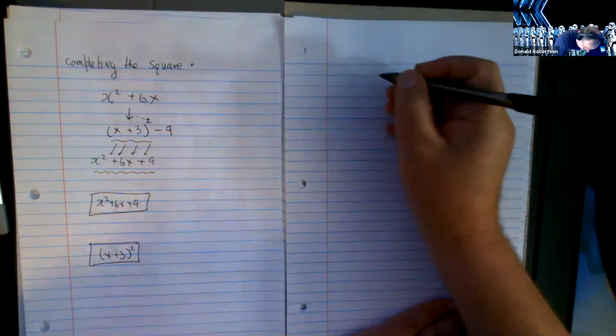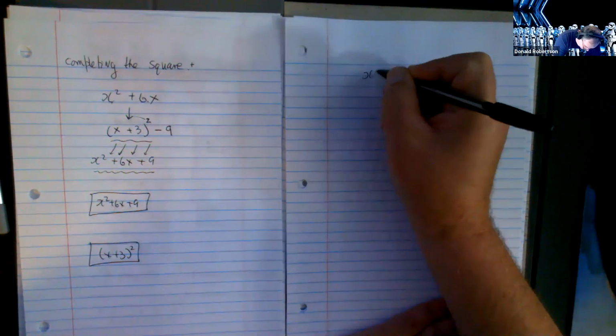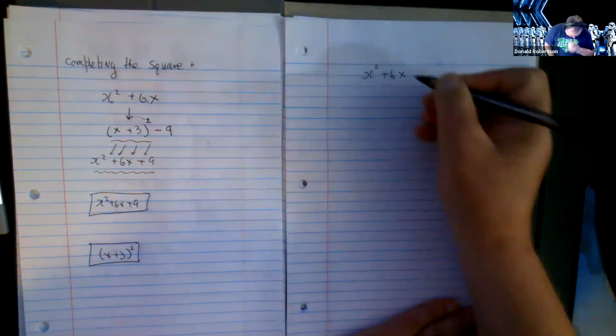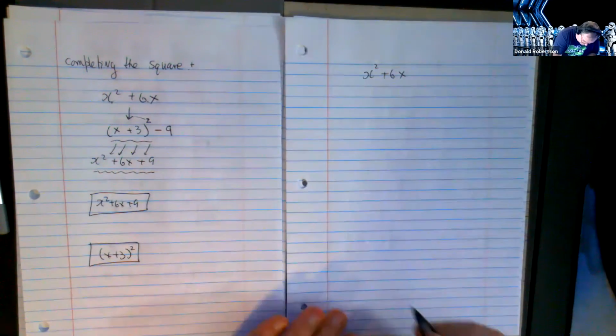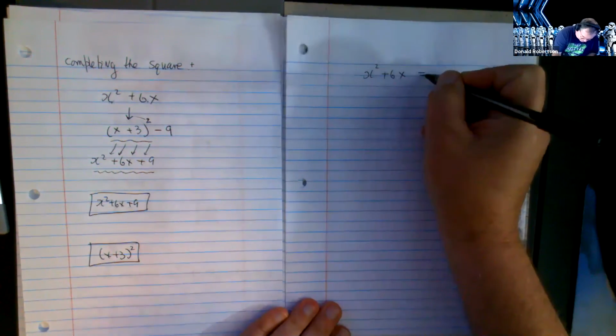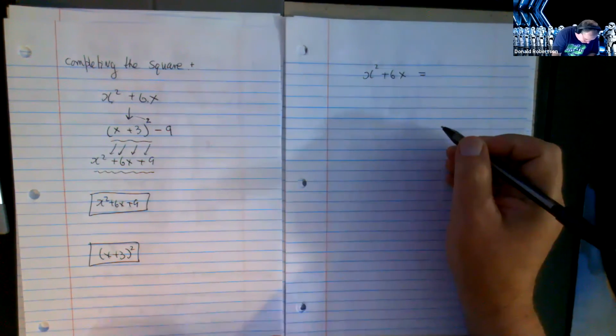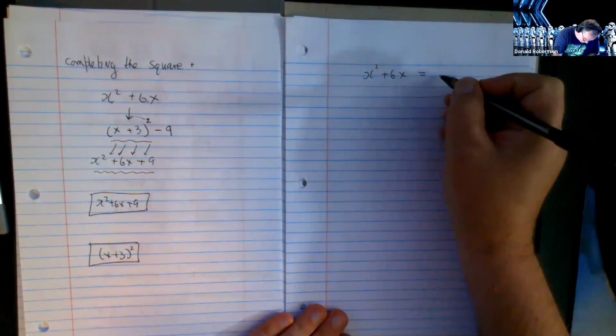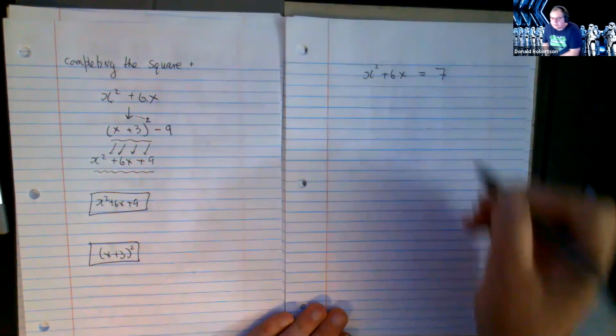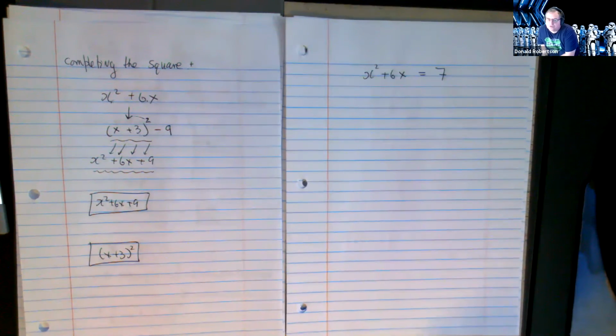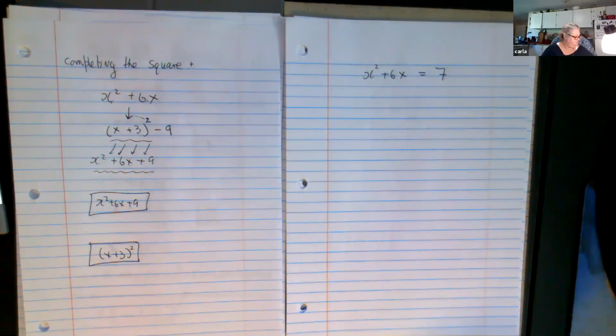Let's use that technique then. Suppose I had this, and I would like to solve x squared plus 6x equals 7. Suppose I wanted to solve that quadratic using completing the square.